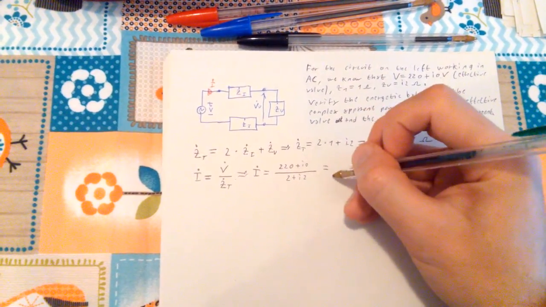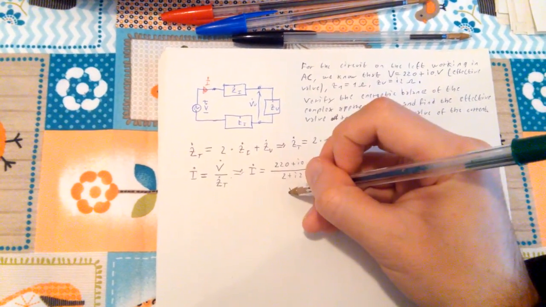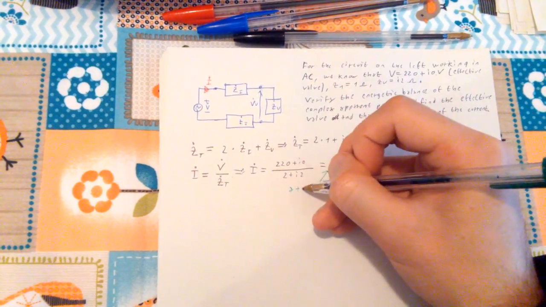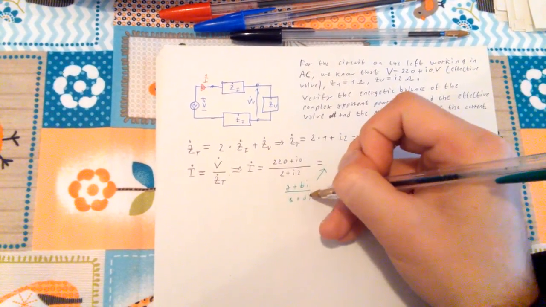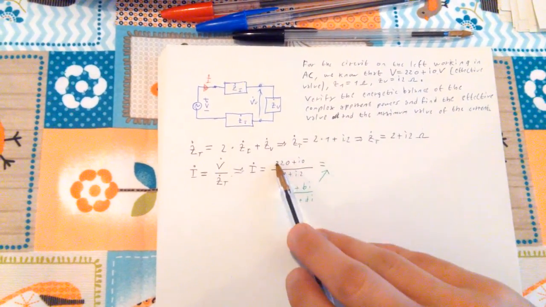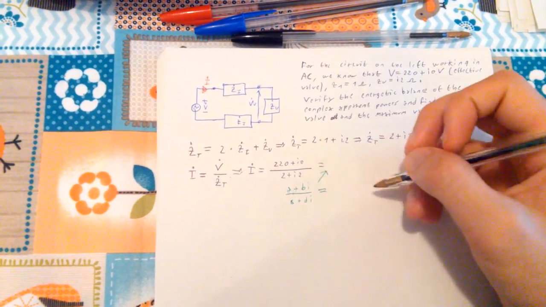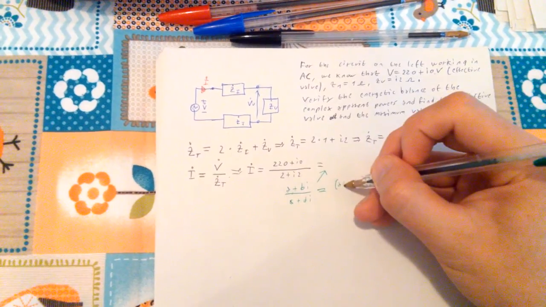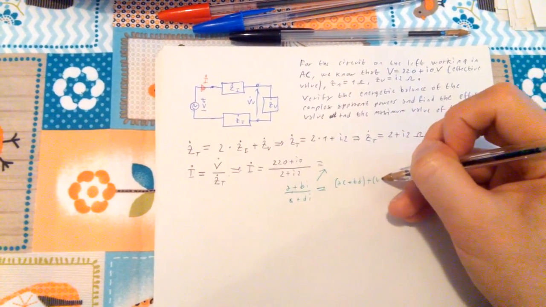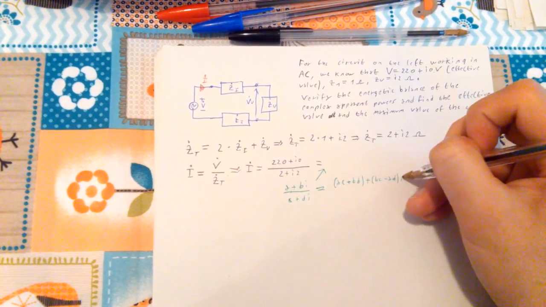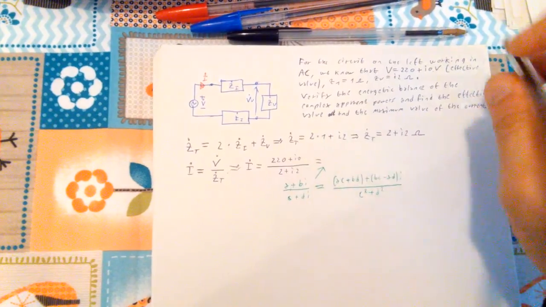Now, I want to get rid of this imaginary number at the denominator. If you have something like this, you can say this is like saying A plus Bi over C plus Di. So you have those two parts which are imaginary. So this actually becomes AC plus BD plus (BC minus AD)i, everything over C squared plus D squared.